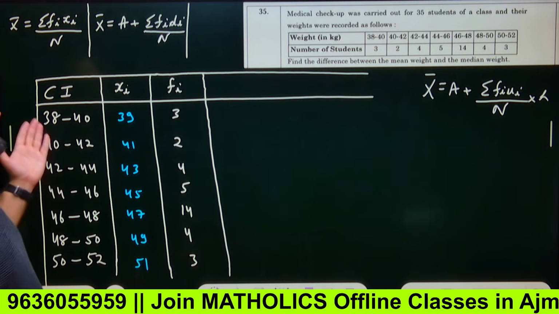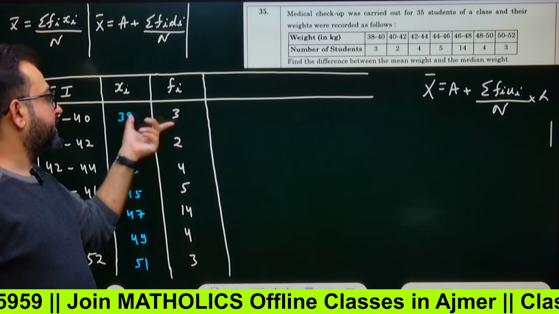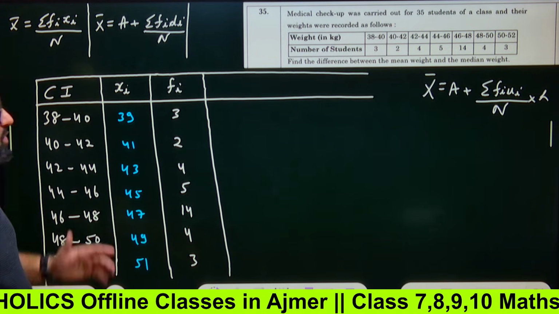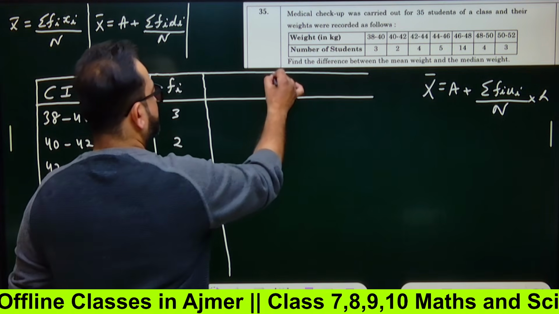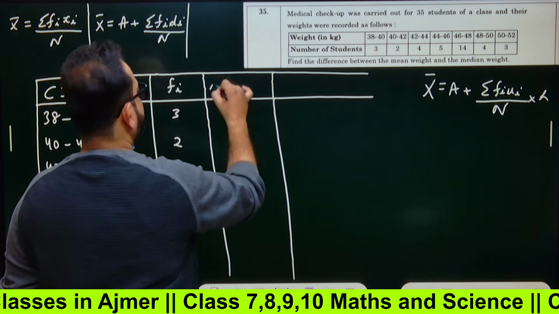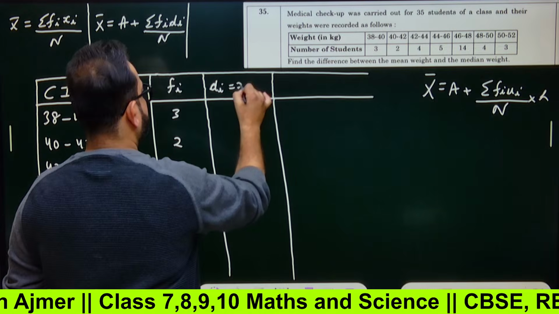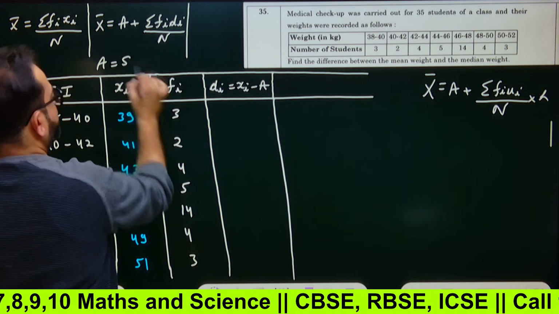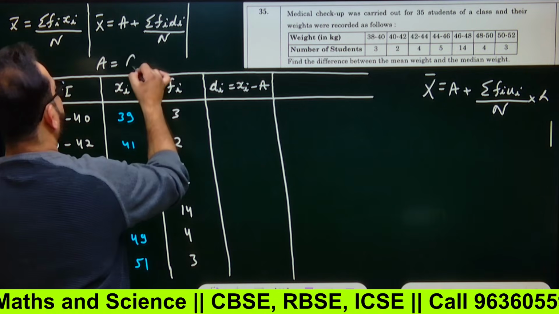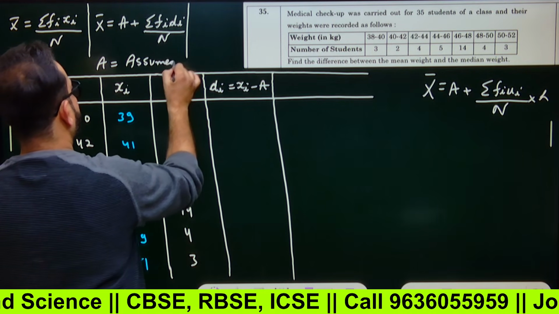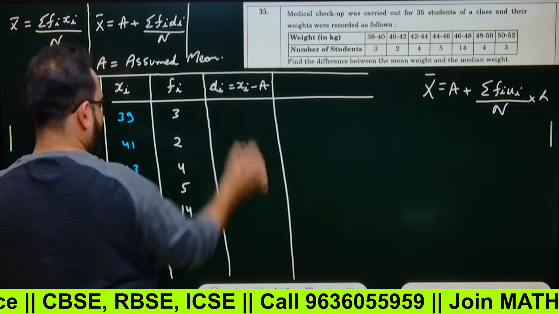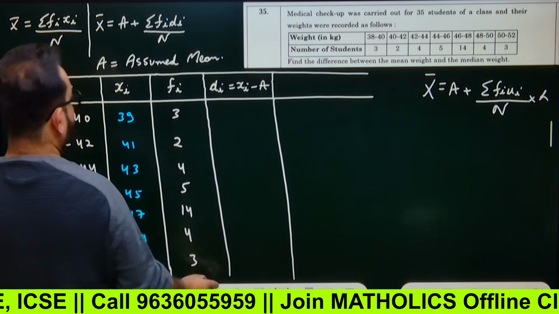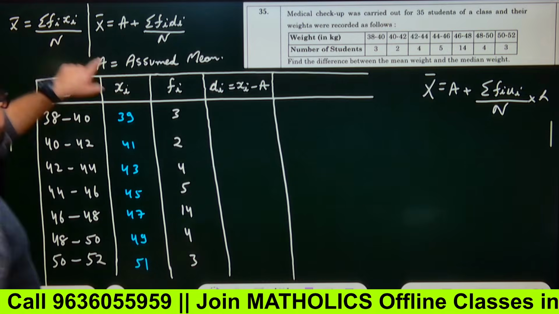Now you can do fi xi, this into this, but multiplying these big numbers is tough. So you go to the shortcut method, that is di equals xi minus a. A is the assumed mean.